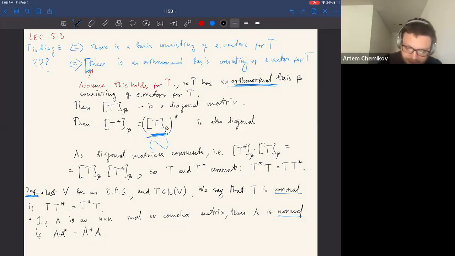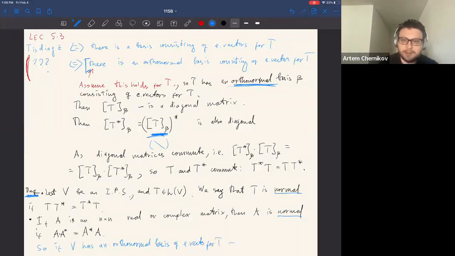Using this terminology, what we have observed with respect to our question is that if V has an orthonormal basis of eigenvectors for T, then this implies that T is normal. This was the point of our early observation.